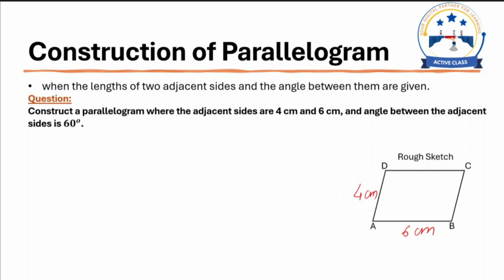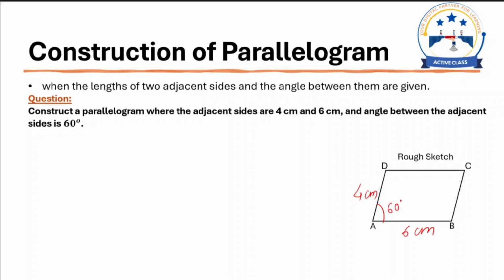See? Now you are given the angle between adjacent sides, right? So can you guess what is the angle between these two sides? Yes. DAB or BAD is the angle that we are provided with, which is 60 degree.